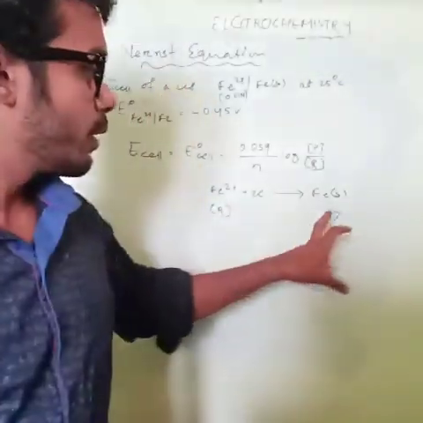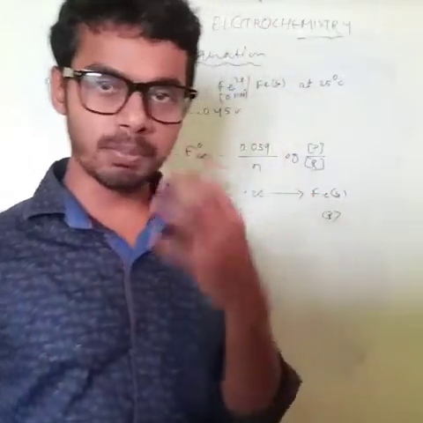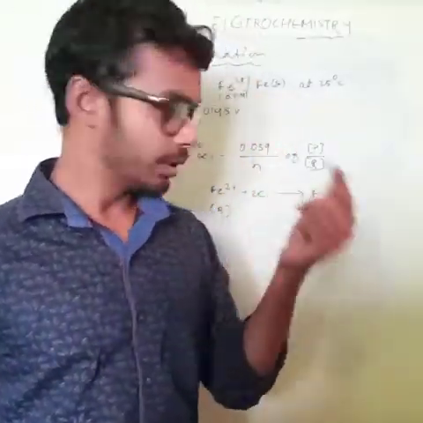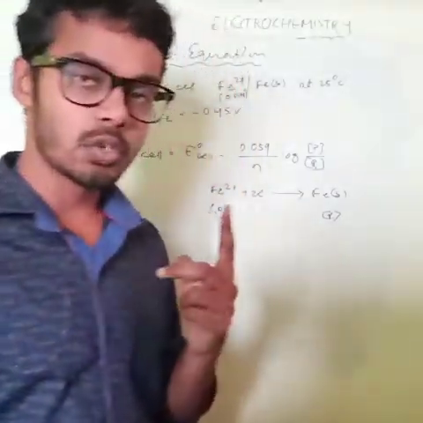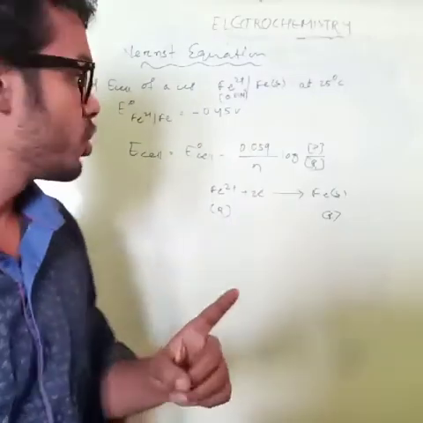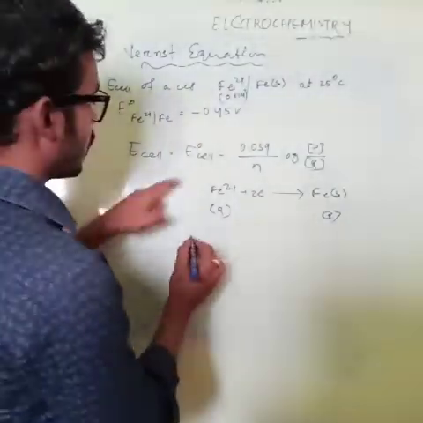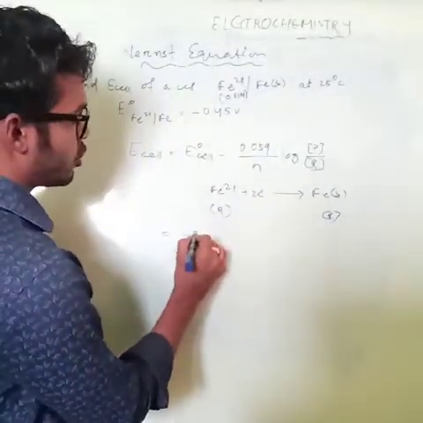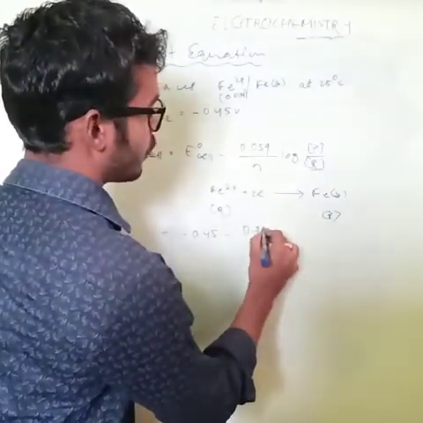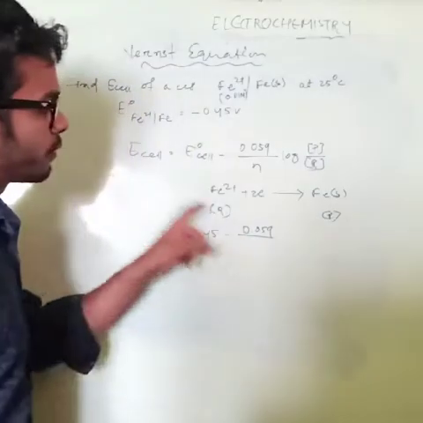So always remember, elements in their free state, like solid state, iron, the concentration of iron is 1. In its free state, all metals have concentration 1. So E naught cell is given, that is minus 0.45, minus 0.059 by n. What is n?